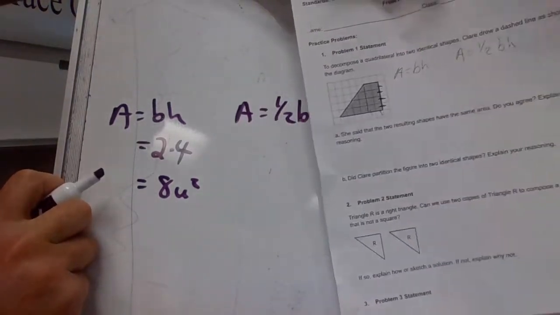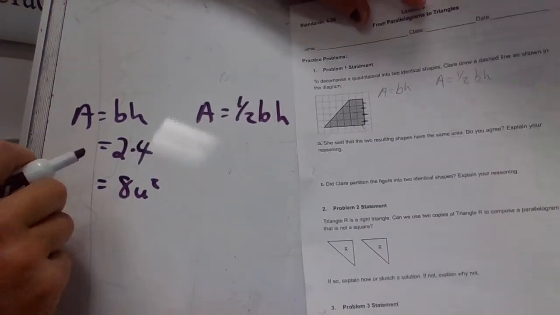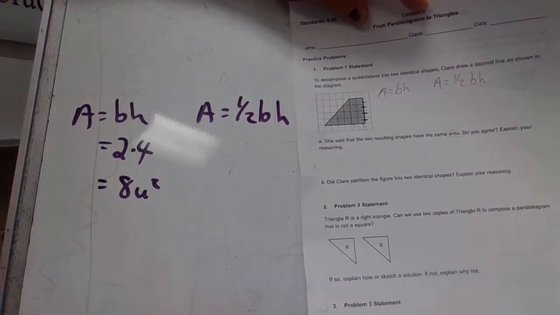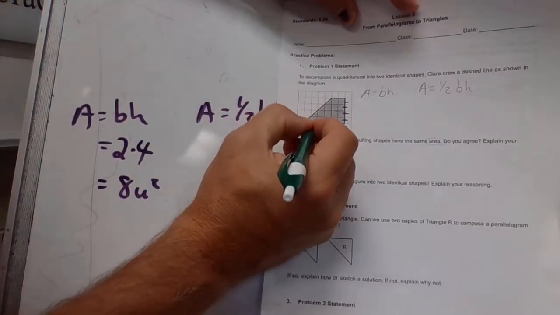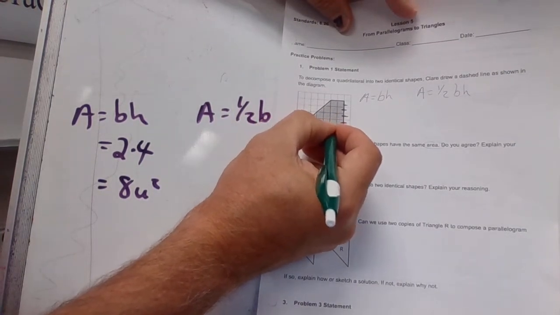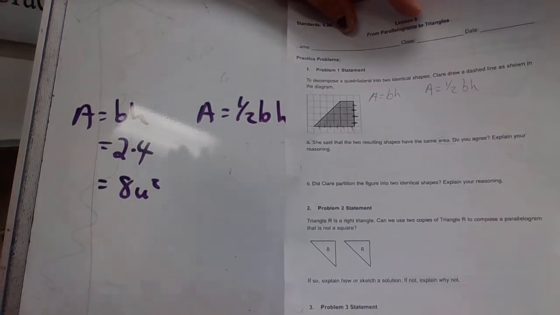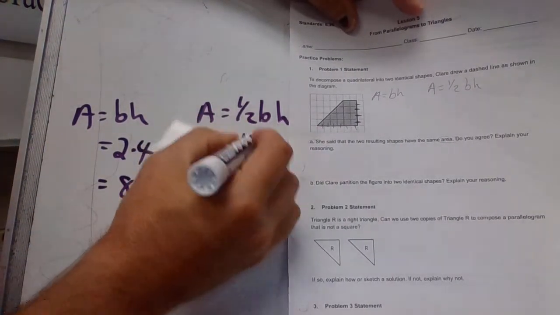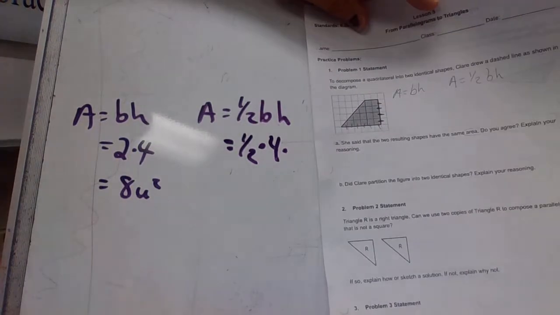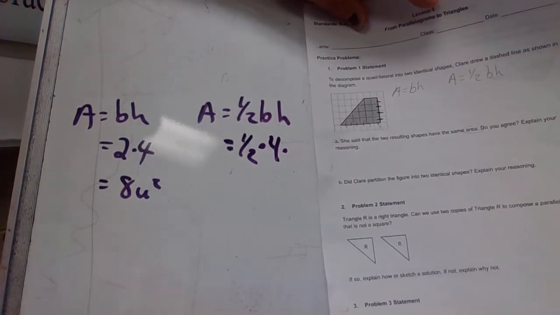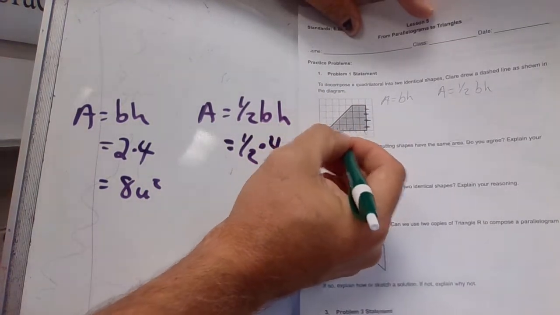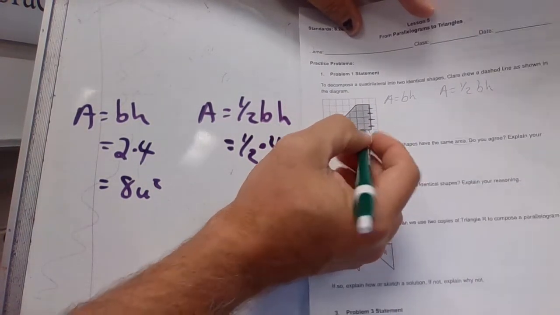Now we're looking for the area of the triangle. We got our formula there. Same philosophy we did earlier. Count our blocks: 1, 2, 3, 4. So we know the base is 4. 1/2 comes down, times the base, which is 4. Now the height. Now this is the tricky part. Shouldn't be. The height has got to be perpendicular to the base. It's got to make a 90-degree angle.